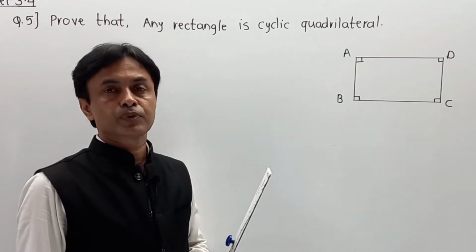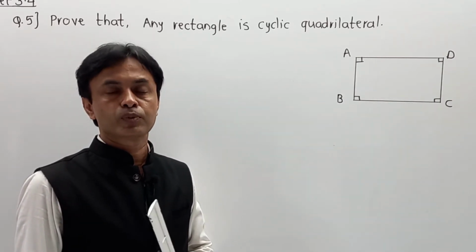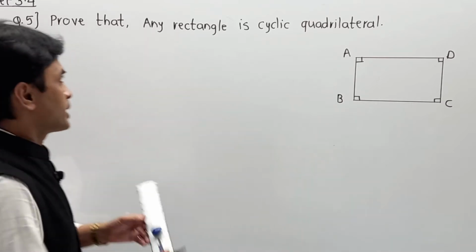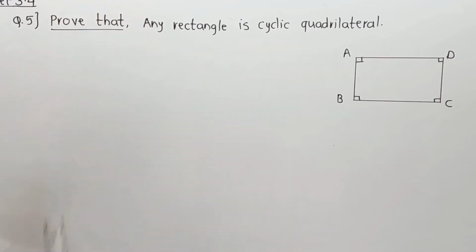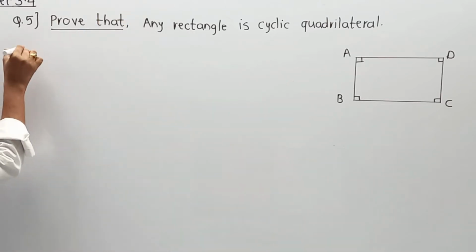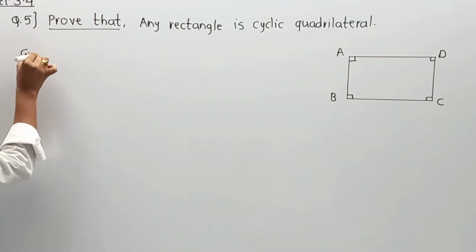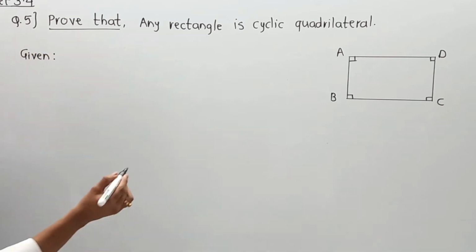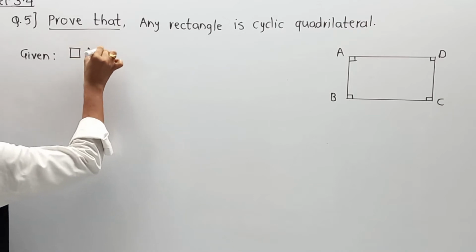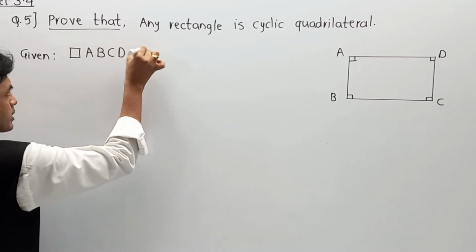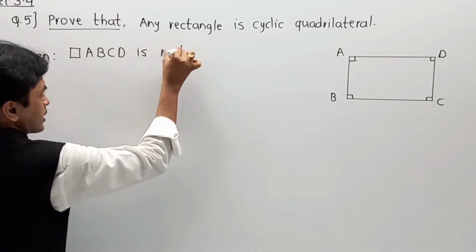As it is a part of a proof, we are going to write it in the form of given, to prove, and proof. So the first part is given. As per the diagram that we drew, ABCD is a rectangle.